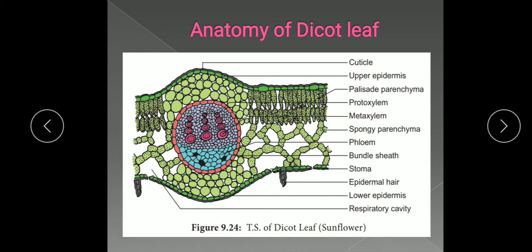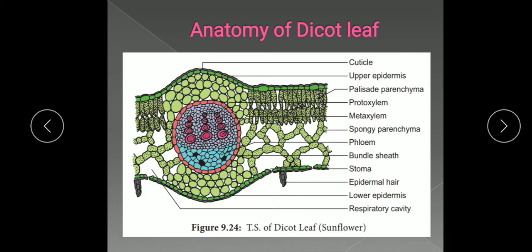Here both leaves have a bundle sheath. In monocot, the bundle sheath is made up of parenchyma cells and patches above and below the vascular bundle are made up of sclerenchyma. Bundle sheath is present here also, and patches above and below the vascular bundle are made up of collenchyma or parenchyma. Here sclerenchyma will be absent.